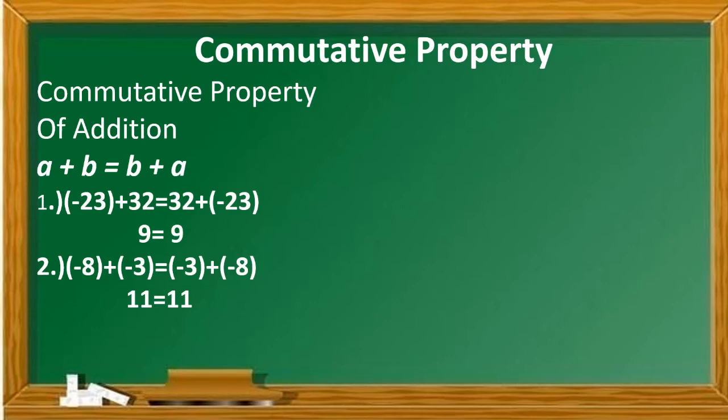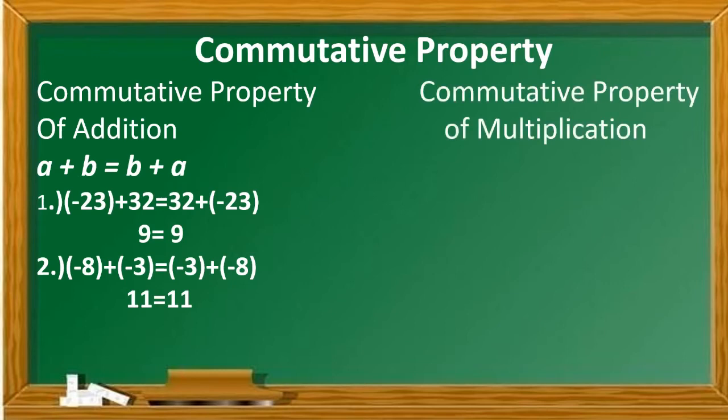For the commutative property of multiplication, it states that for any integers a and b, a times b equals b times a. The order of factors will not affect the product. Like our example a while ago, if we change the order of factors, the answers will be the same.